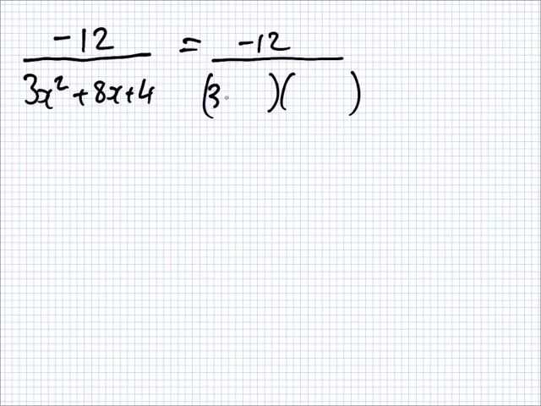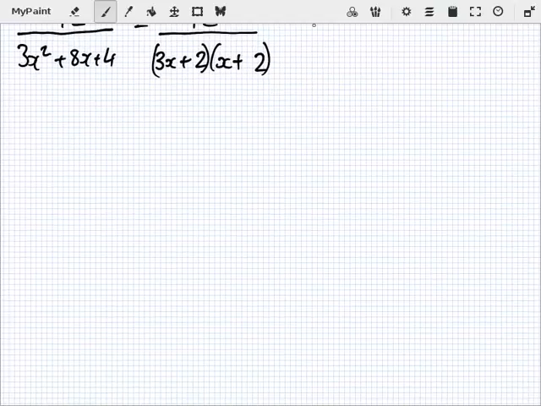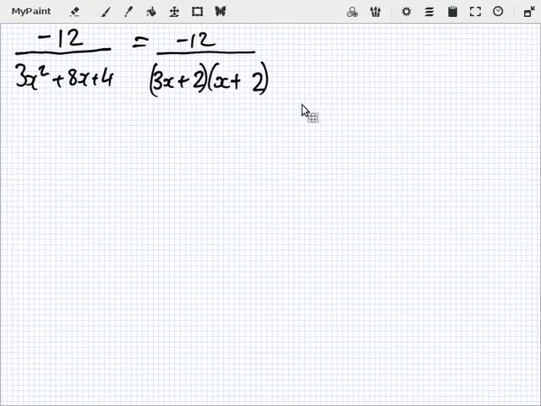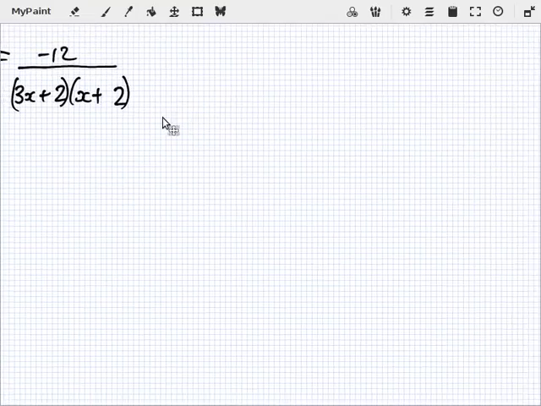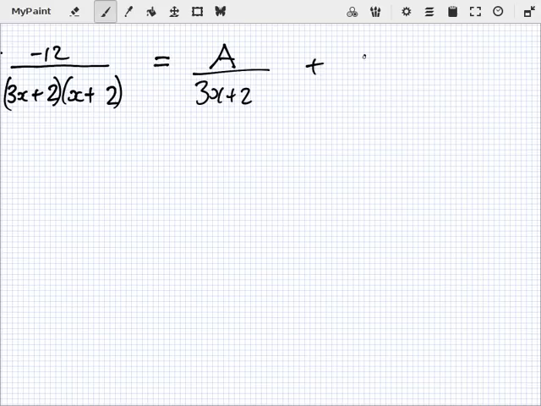So let's say that'd be 3x plus 2 and x plus 2. Yeah? And then what you do, after you factorize, is you say, let this equal a over 3x plus 2 plus b over x plus 2.